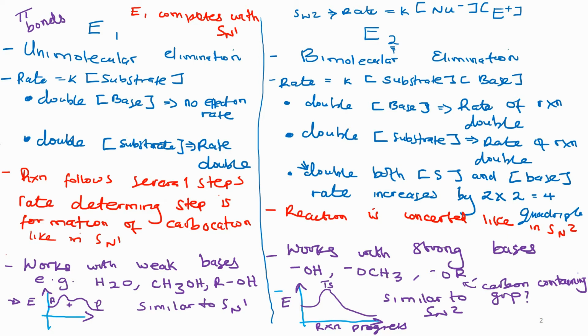Alright, so let's do our E1 mechanism. Remember, elimination gives double bonds, and it's unimolecular. It's unimolecular because the substrate only determines the rate. This is one way of making alkenes from alcohols, but we'll discuss that soon enough.